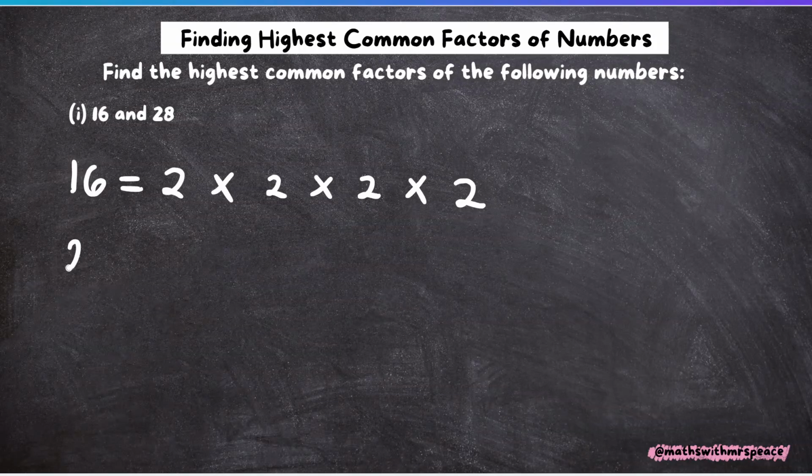And then we'll have 28 equal to 2 times 2 times 7. 2 times 2 is 4, and 4 times 7 is 28.